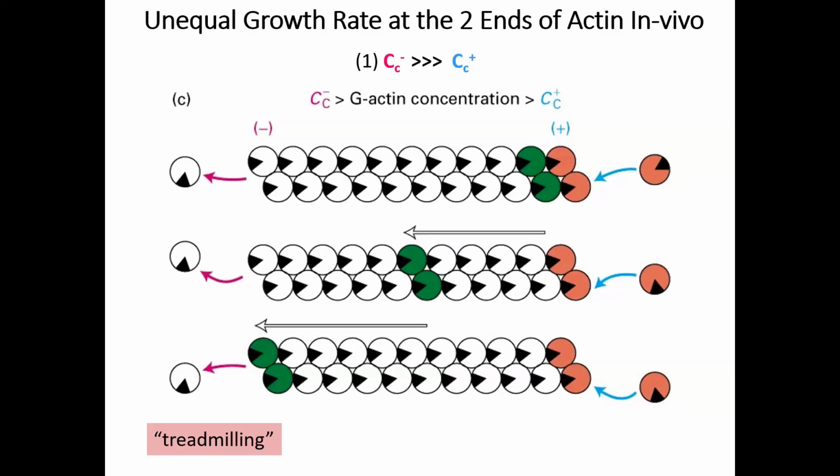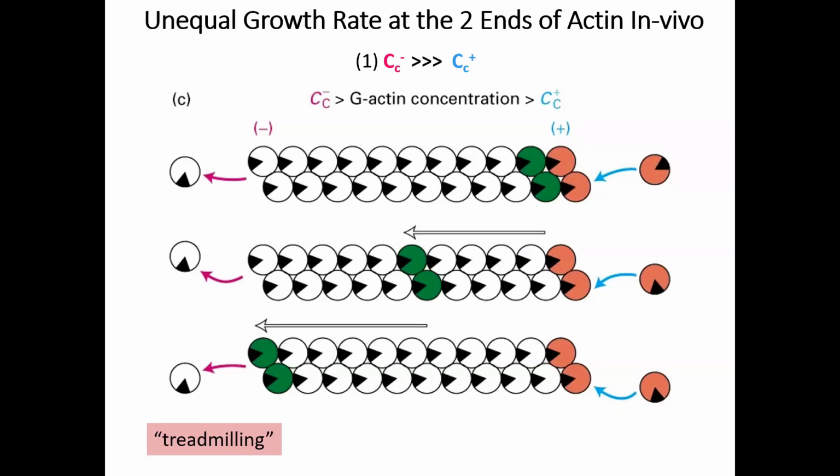So here you can look at the plus and the minus end once again, and it shows the treadmilling. Sometimes you can label specific globular actin with fluorophores and track these molecules. These are the fluorophore-tagged globular actin, and you can see that it can treadmill from the plus end towards the minus end. The critical concentration here, denoted as CC, is much greater than the CC plus.